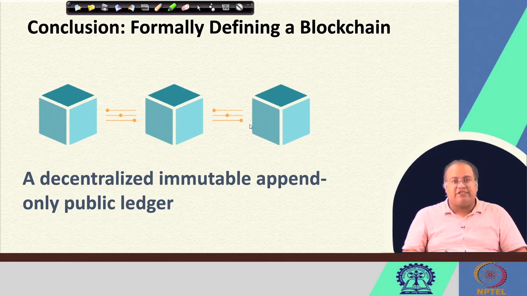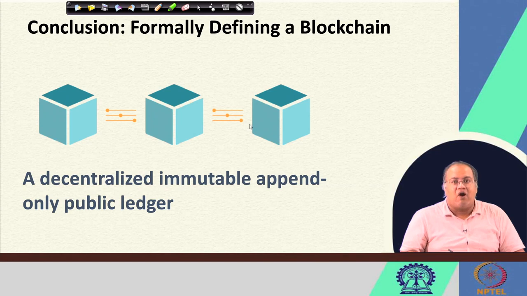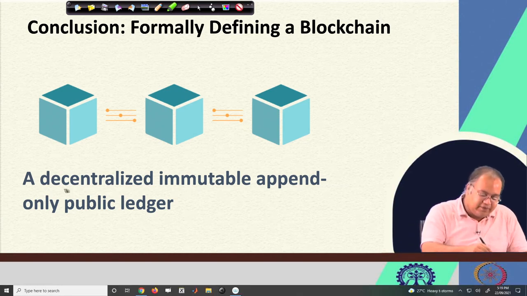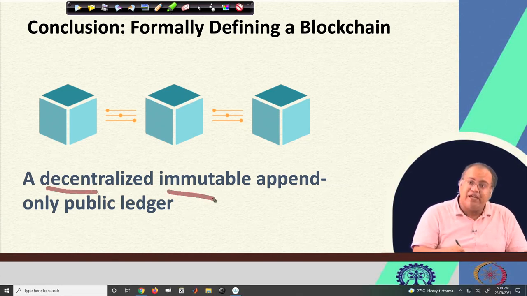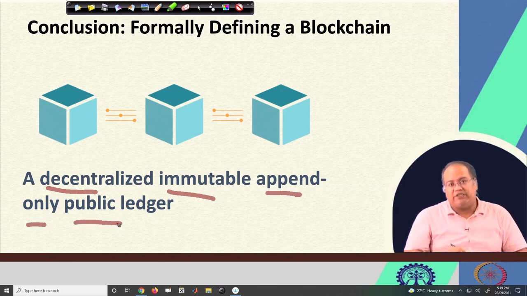Then it is obviously decentralized, since everyone is maintaining their own copy. It is immutable, which means you cannot make any change to the existing chain. You can only append additional data, so that is why it is append-only. This formal definition captures the primary properties of a blockchain: decentralization, immutability, append-only nature, and public information.